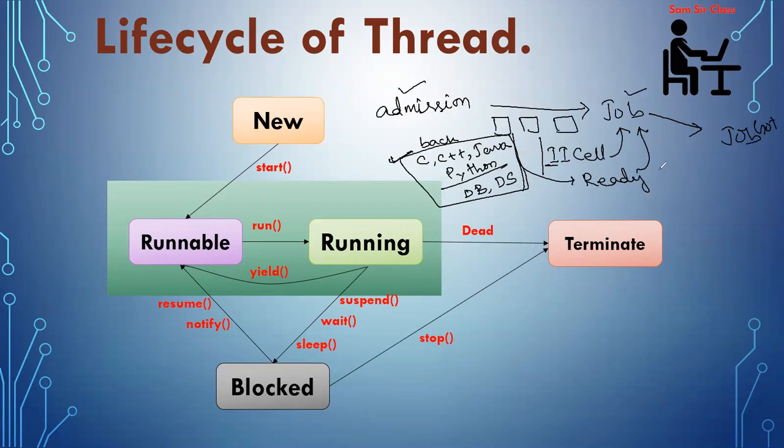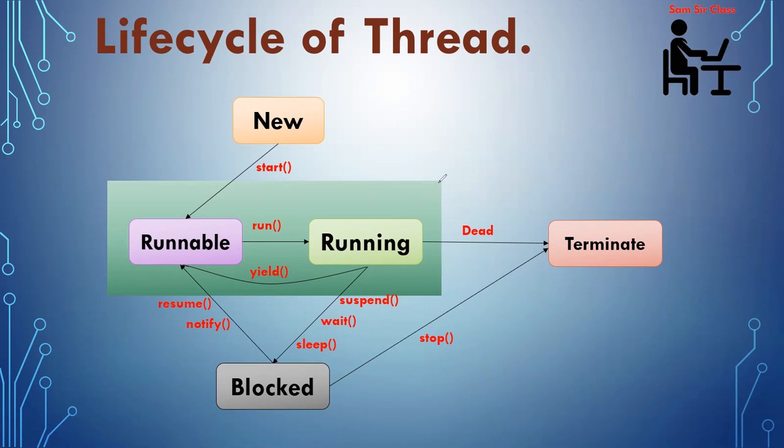You say no. That means you are still lacking some resources. Then you will be told to do some more preparation and appear for the interview again. So during the job interview also, you are told to go to the waiting state. Why? Because in the waiting state you have to do some preparation. Clear? So by keeping everything in mind, let's discuss this diagram.